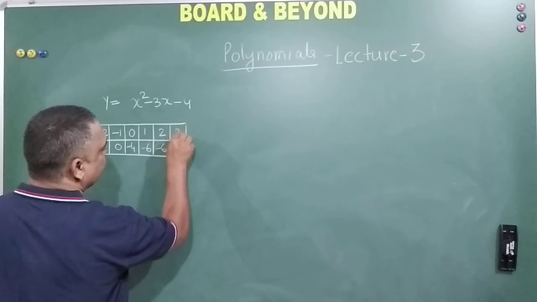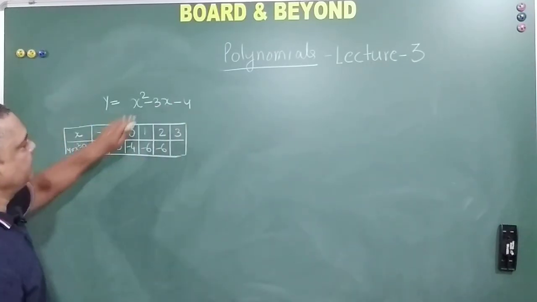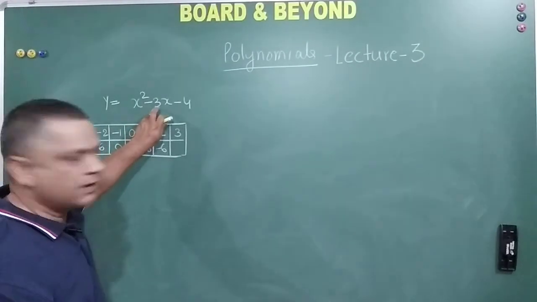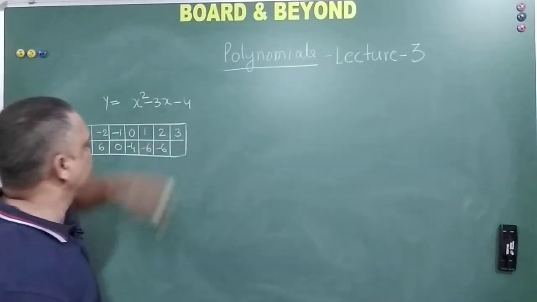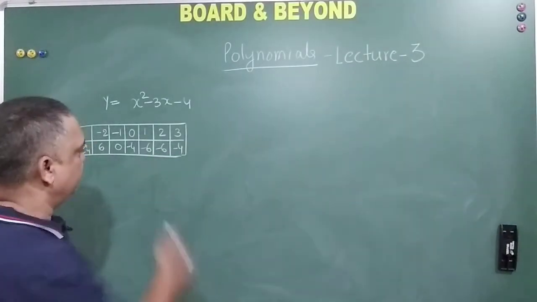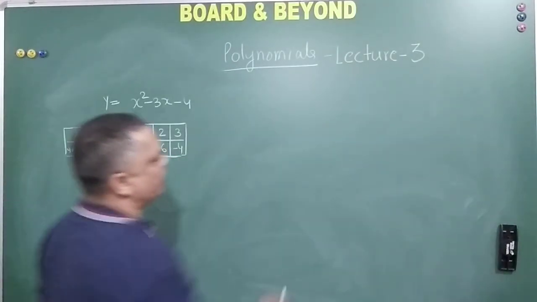Okay, let us try and put 3. When we put 3 here, it becomes 9. 9 minus 9 is equal to 0, minus 4. So on and so forth, it will keep on continuing. Let us plot it.